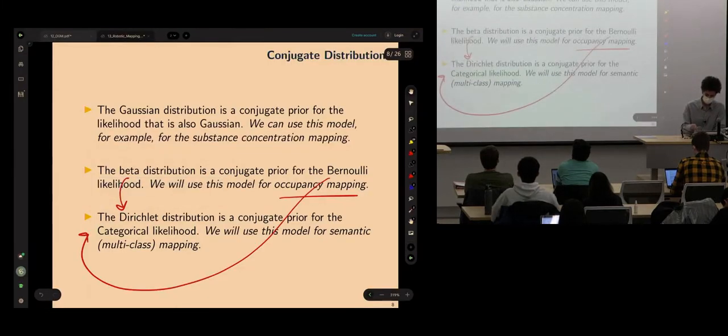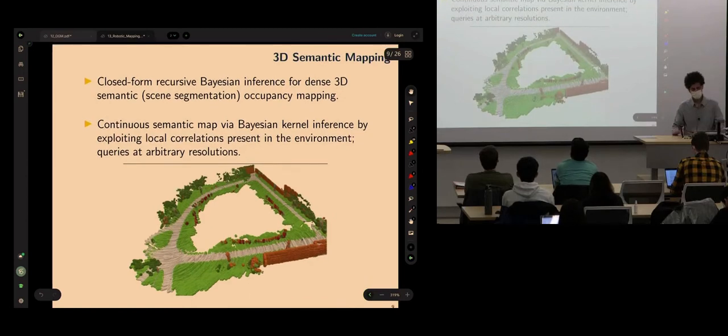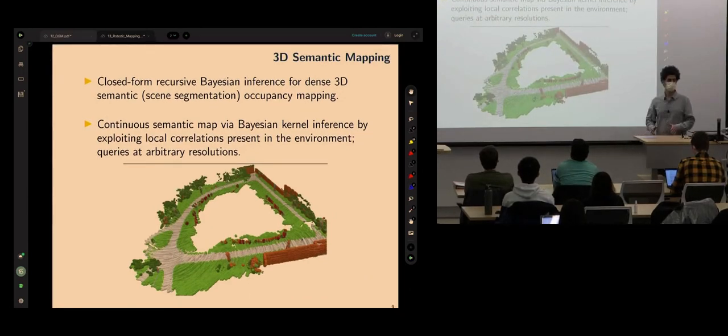We'll talk about that again more when we talk about the semantic mapping. So the result that this setup will give us will enable closed form and recursive Bayesian inference. When you hear Bayesian inference, that means we infer the distribution, not just a point, a mean.